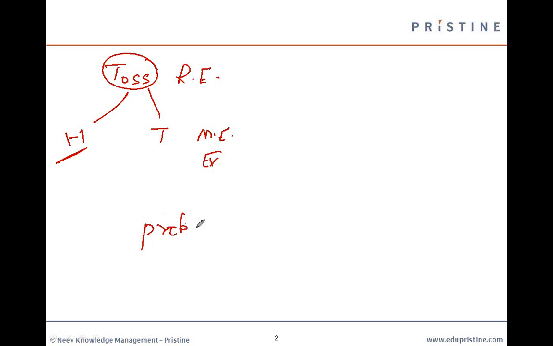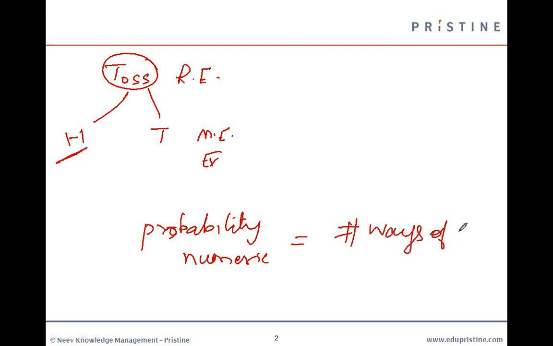Now let's come to the concept of probability. Probability, as we said, is nothing but the chance of occurrence. Probability tries to assign a numeric value to this chance. Probability is basically defined as the number of ways you can get your event of interest divided by the number of ways you may get an outcome for an event.